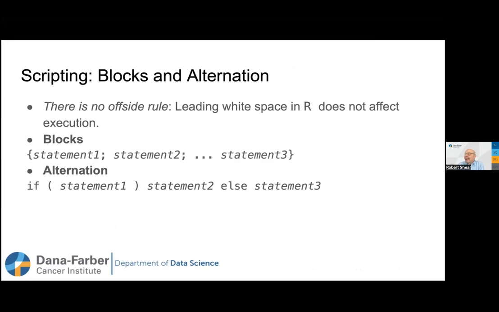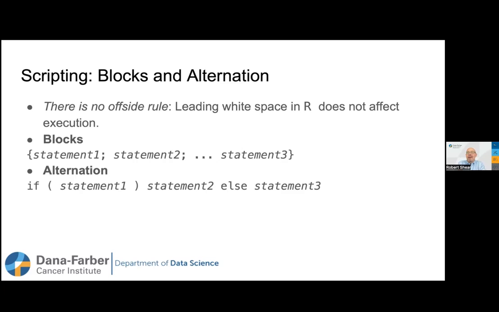Well, scripting is almost just a file that's pouring in lines of code like the lines you've entered. If you're really new to R, there's no offside rule. What does that mean? It means that you can have as much or as little leading space as you want.